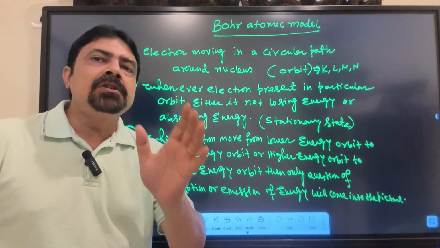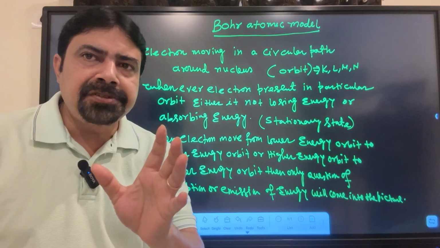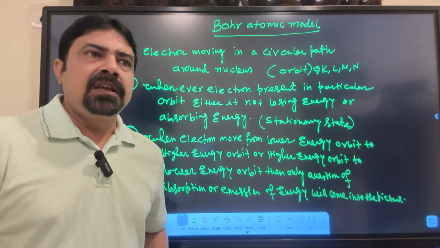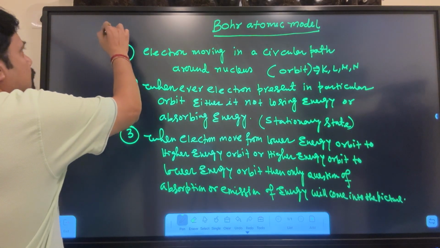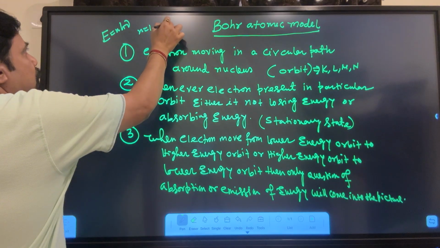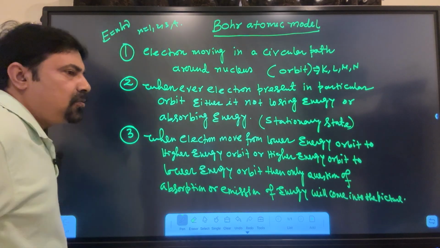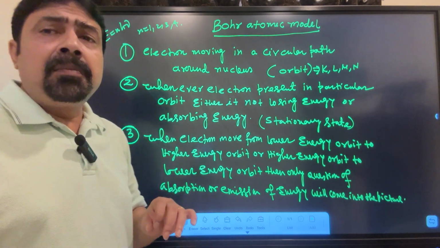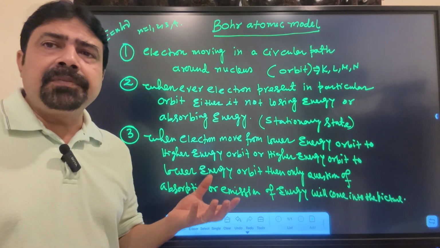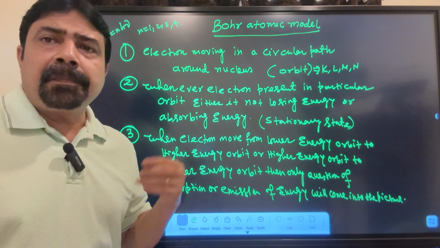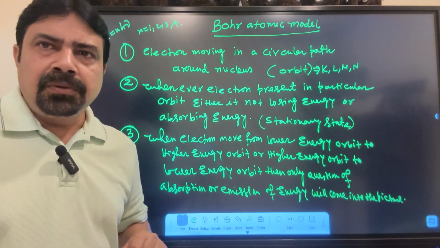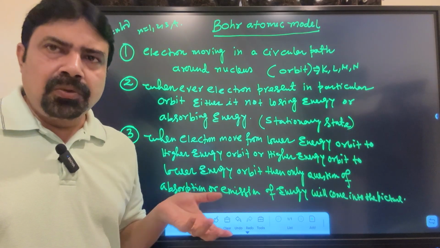That means energy will be absorbed or released in terms of a packet or bundle of energy. We know this equation, E equals n h nu. This n can be 1, 2, 3, 4, 5, 6. Later we can introduce that n is the number of photons. So energy will be released or absorbed in a discontinuous fashion: either 1 h nu, 2 h nu, 3 h nu or 4 h nu.